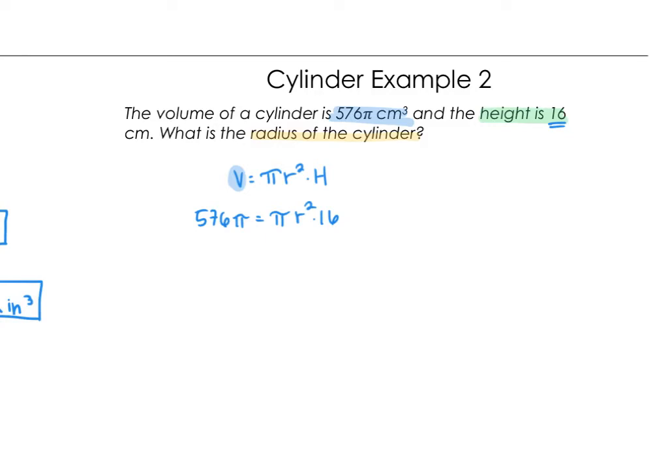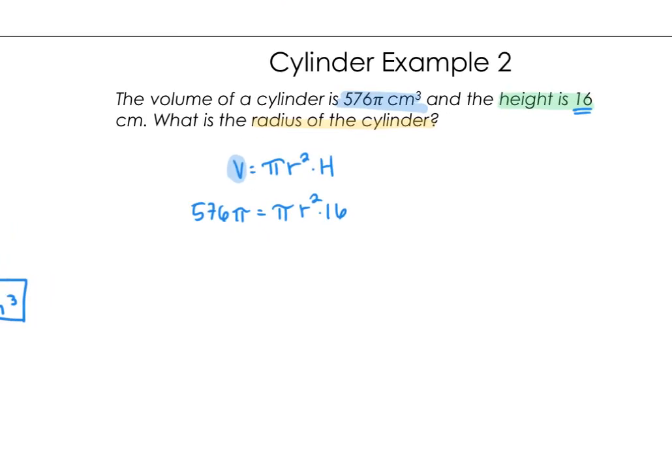So now it's just a little bit of algebra to get r by itself. So the first thing that's going to help you out here is that if you have pi on both sides, you can actually just cross them out, because basically what we're doing is we're dividing both sides by pi. And when you divide both sides by pi, it cancels out the top and the bottom. So you're left with 576 equals r squared times 16. Okay, so to get r by itself, we first need to get rid of that 16 by dividing.